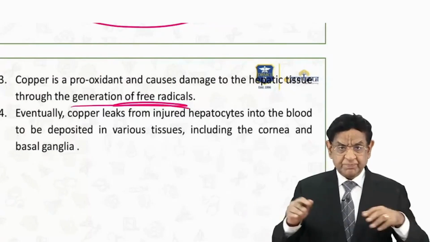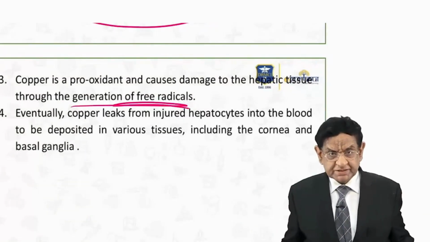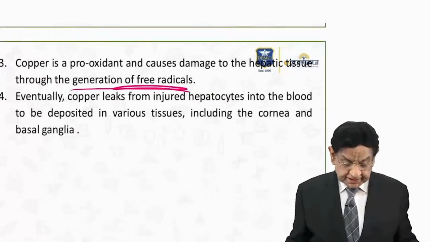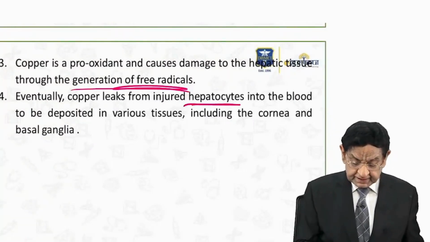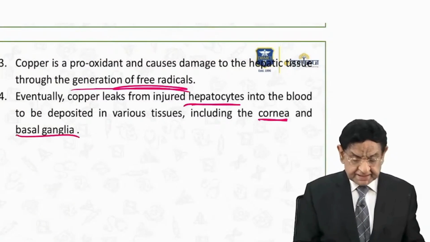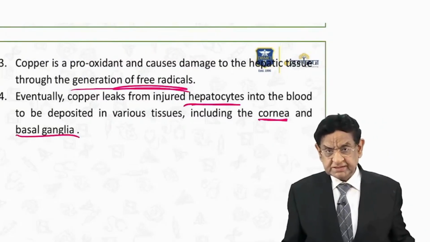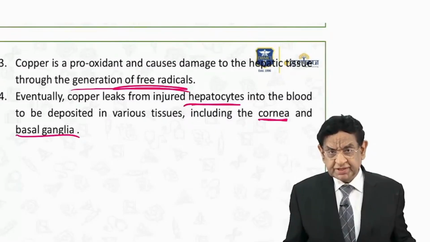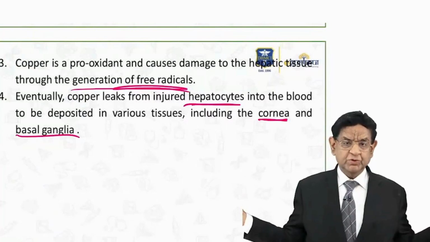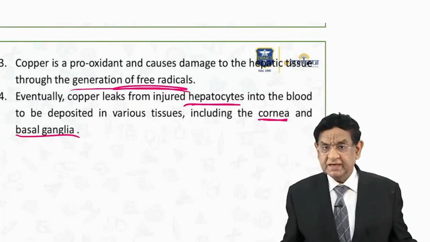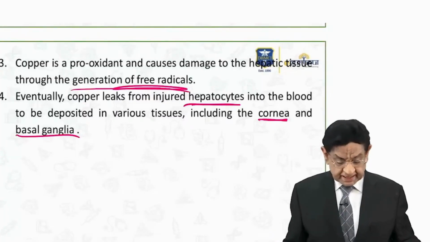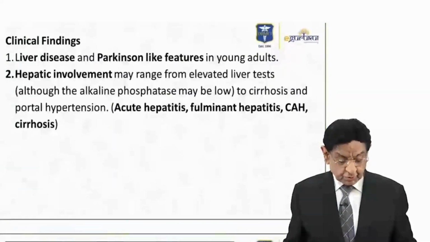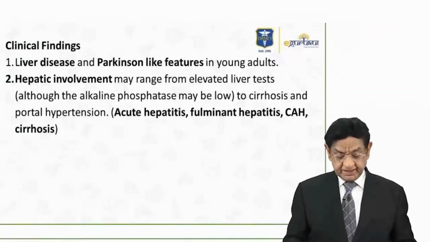This excess of copper can cause damage to the hepatocyte. It can cause damage to the cornea and basal ganglia also. The excess copper which was supposed to be converted into ceruloplasmin is not getting converted, so it goes to other places, also the liver, causing damage in the liver as well as the cornea as well as the basal ganglia. So now we come to the clinical features.